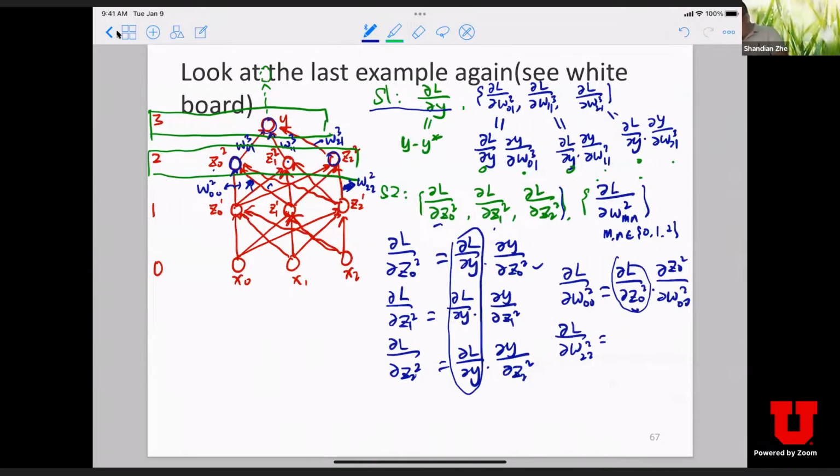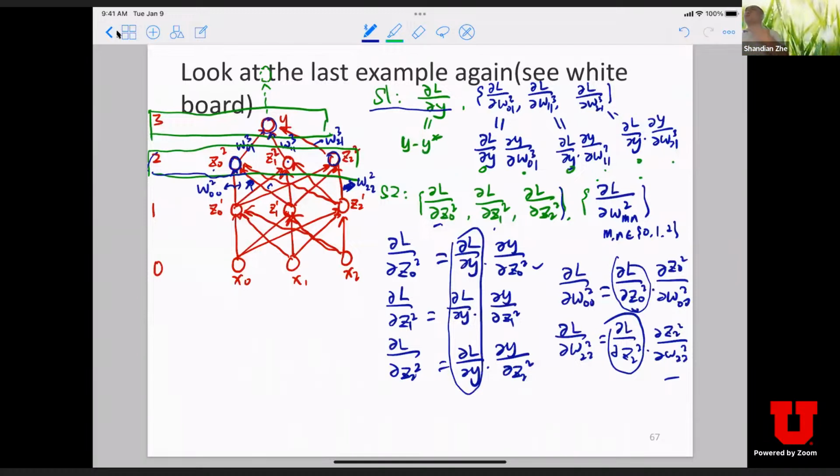So just read out partial L over partial Z22, then partial Z22 over partial W222, right? This has already been computed, you don't need to recalculate. Just need to compute partial Z22 over partial W222, right? This is essentially to view the whole loss function as collapsed as a function of Z02, Z12, and Z22, right?